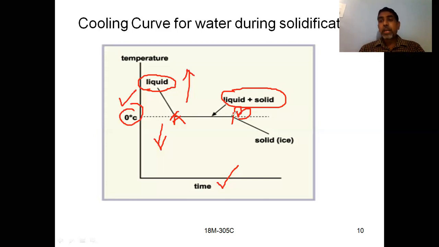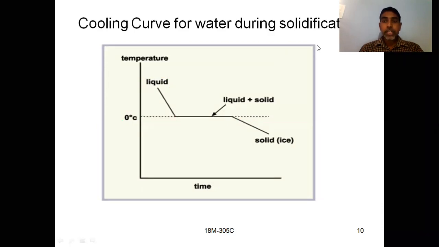At B, complete solidification takes place, and from here if you cool, you are going to solid, that is ice. So this is the cooling curve for pure water. Similarly, we will have cooling curves for our metals. This example helps us understand a cooling curve, and based on it we are going to learn the cooling curves for our metals.